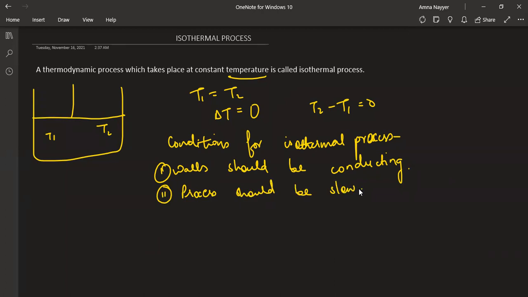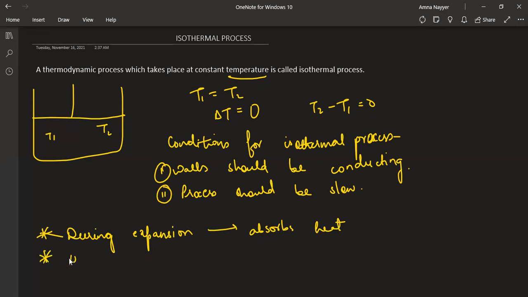Fine. And again, one thing, during expansion, the system will absorb heat. And during compression, the system will reject heat. Fine. So these are the basic points.